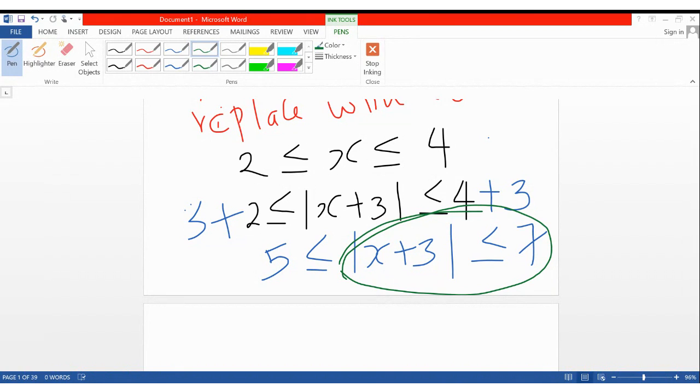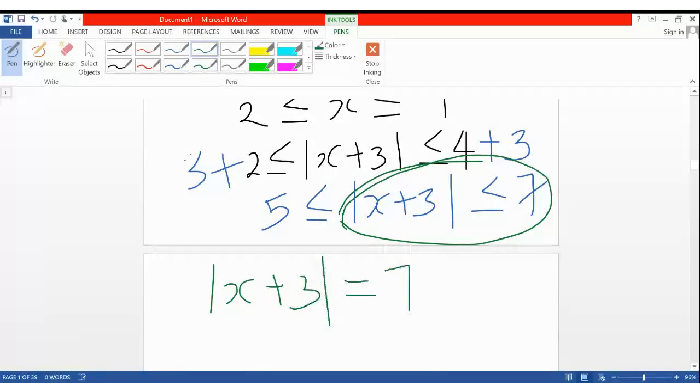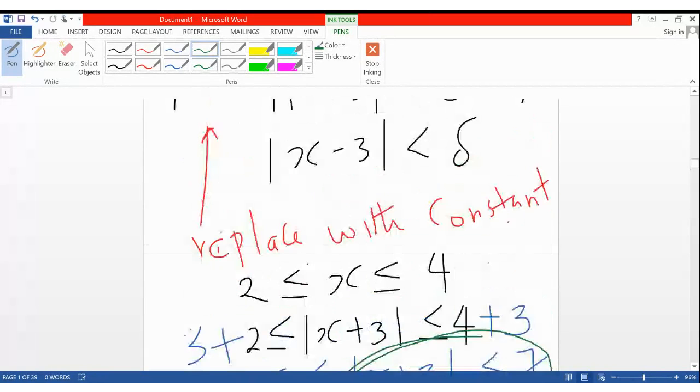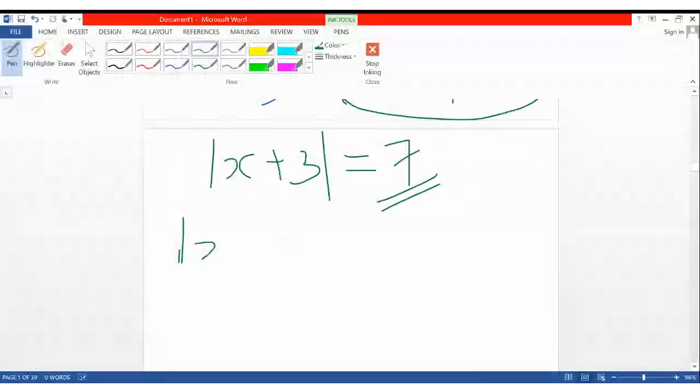So it means that x plus 3 can be replaced by 7. So I'll go back to what I had now. I had the magnitude of x plus 3 times the magnitude of x minus 3 is less than epsilon whenever the magnitude of x minus 3 is less than delta.